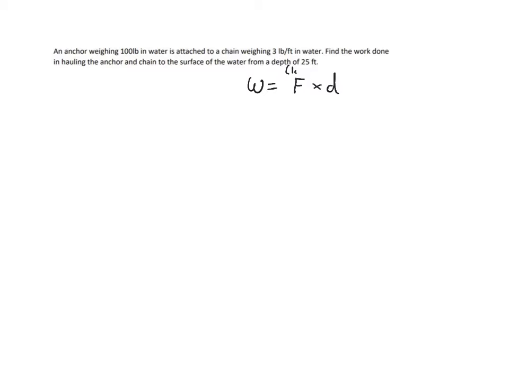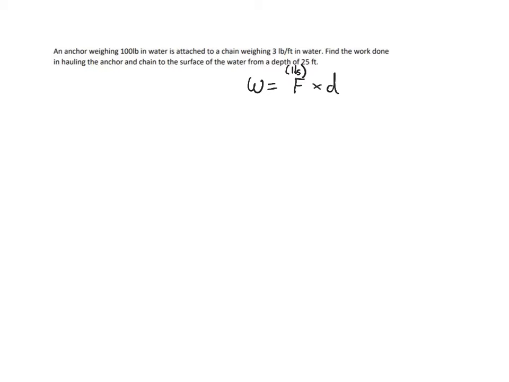In this case, we're using pounds. And when we're using that British system of pounds, they already kind of factor gravity into the idea of force. And so here, force is equivalent to whatever the weight of the object is times the distance you're moving it. So the force is just going to be the weight of the object.